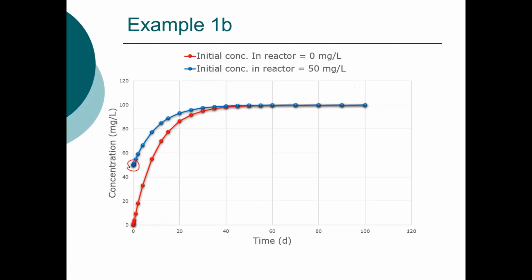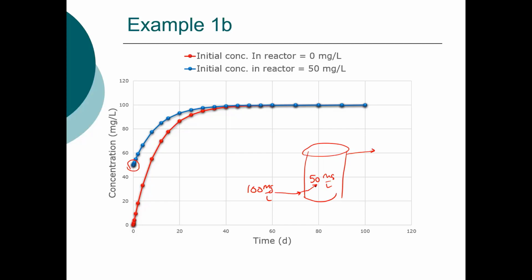We start here now at 50, and that concentration will continue to increase. Think about it. Here's a reactor. We start at 50. We're adding 100, but basically you're flushing the system out with this 100 milligram per liter solution. So what's in the reactor is also leaving.